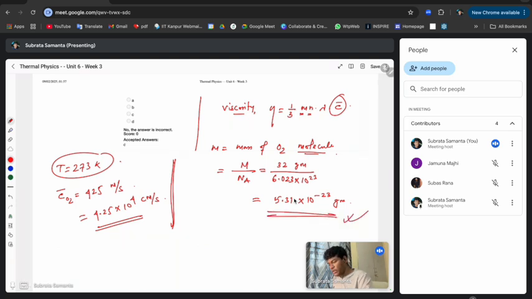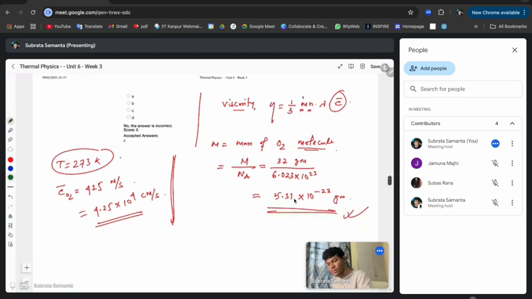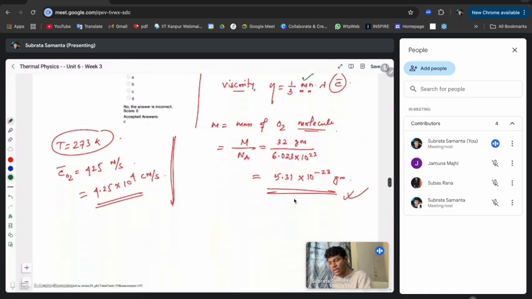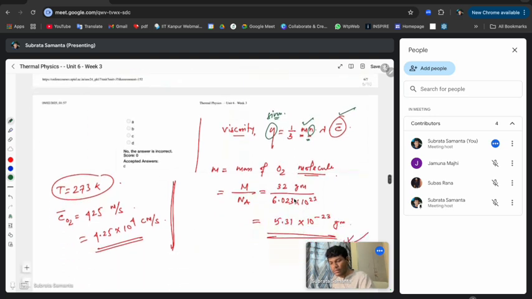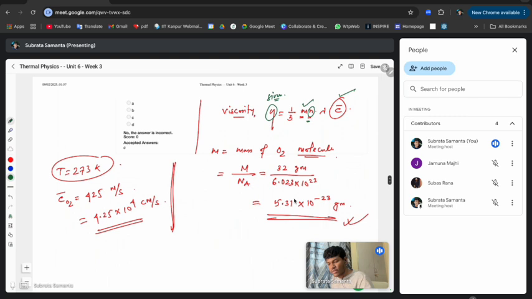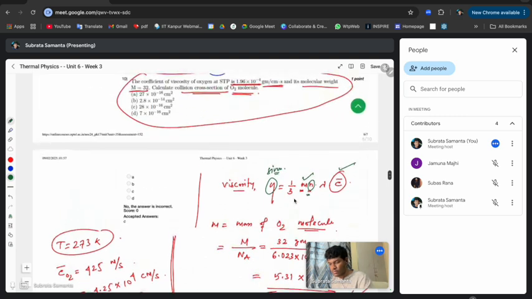So m is calculated, c average is calculated. Eta is given in the problem. Next I want to calculate lambda. Well, I have to calculate collision cross sections, so first I have to calculate the diameters of the molecules.